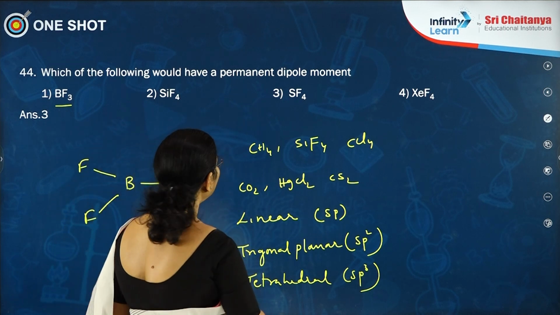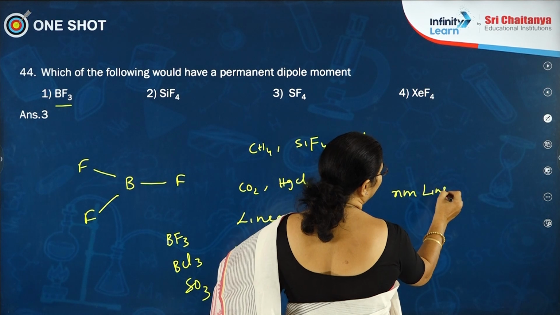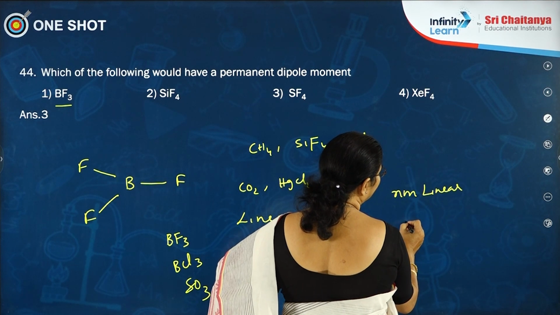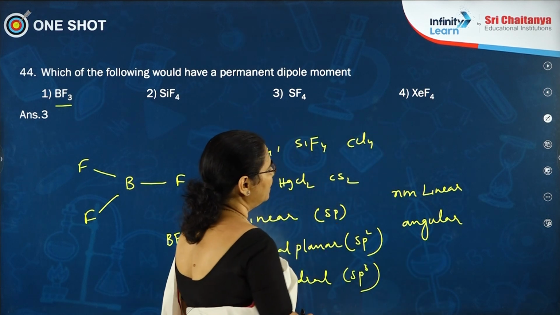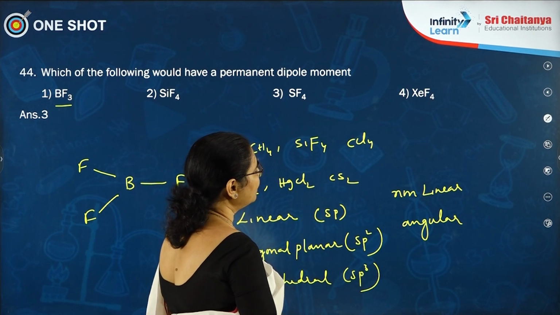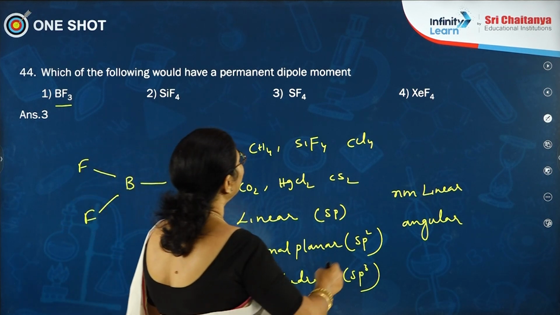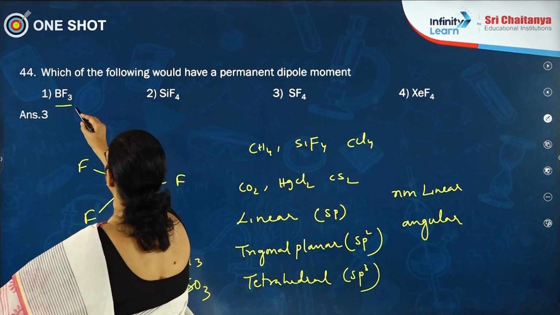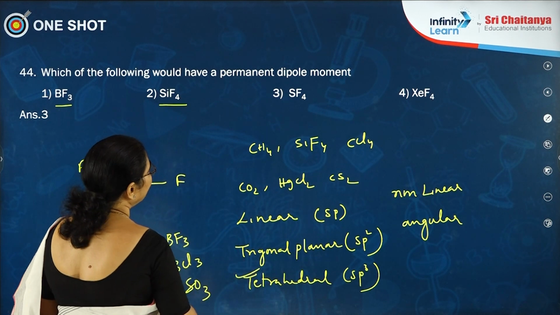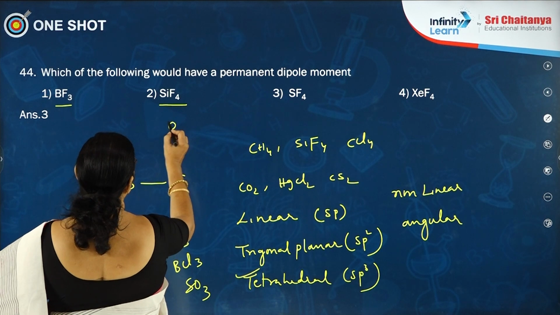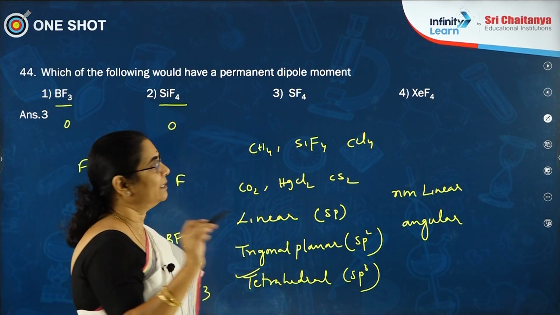So, which molecules have dipole moment? Non-linear molecules or angular molecules other than these have dipole moment. For example, BF3 trigonal planar has dipole moment 0, SiF4 tetrahedral, sp3 hybridization, has 0 dipole moment because all bond polarities will get cancelled.